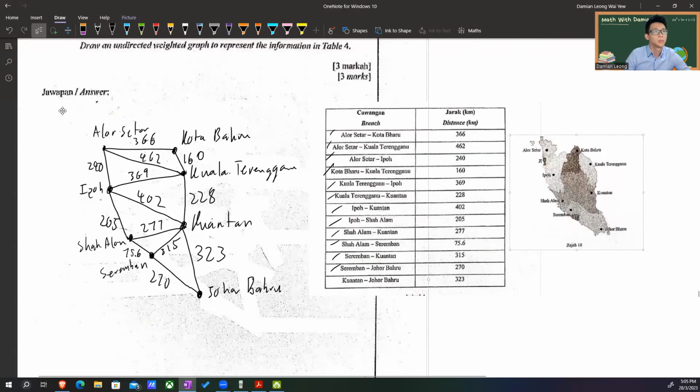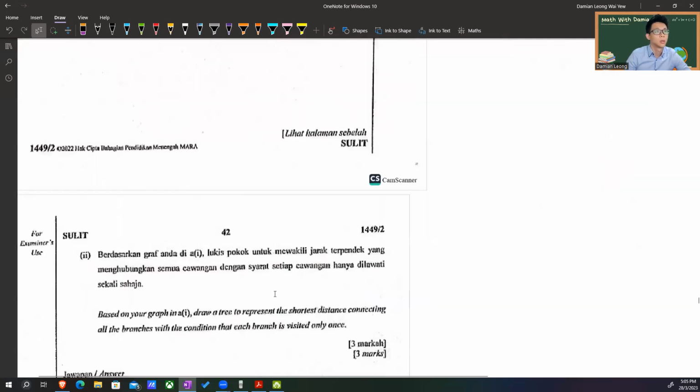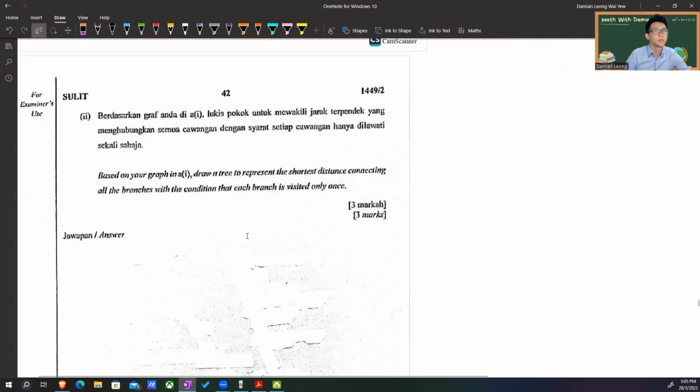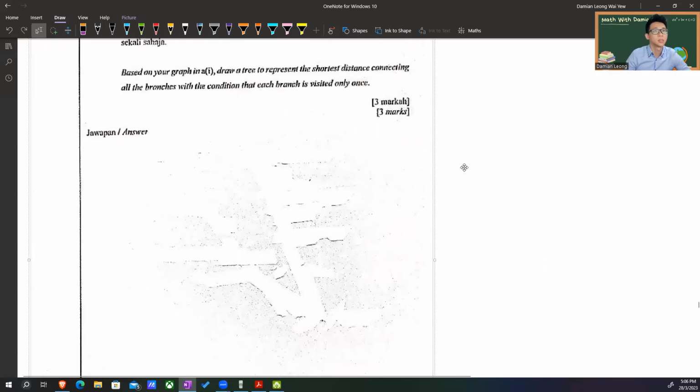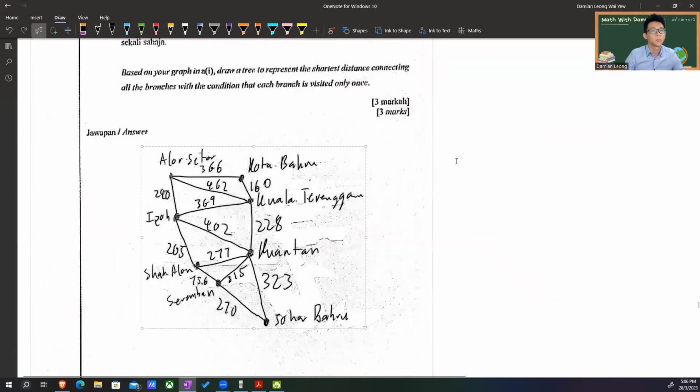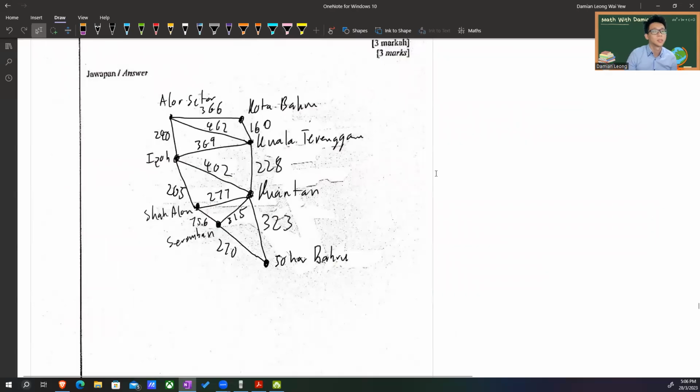Then based on the graph, draw the tree representing the shortest distance. Okay. So the tree here, basically we see the shortest distance. So I want to keep this one, this one, this one. This one definitely.